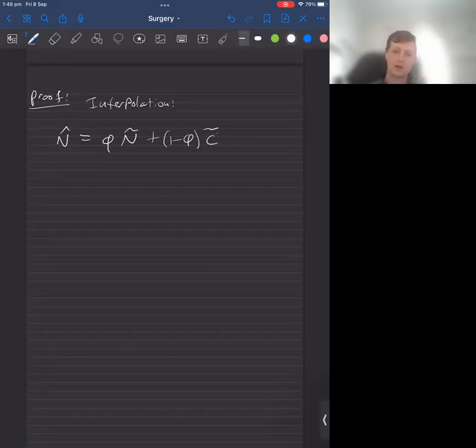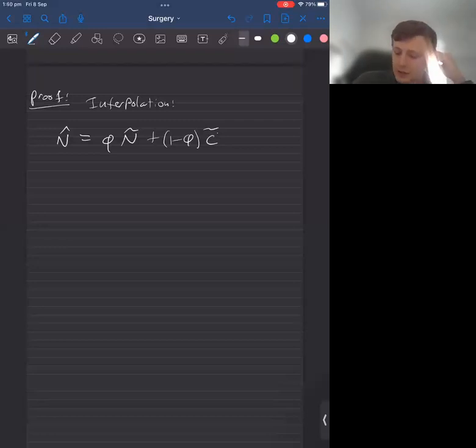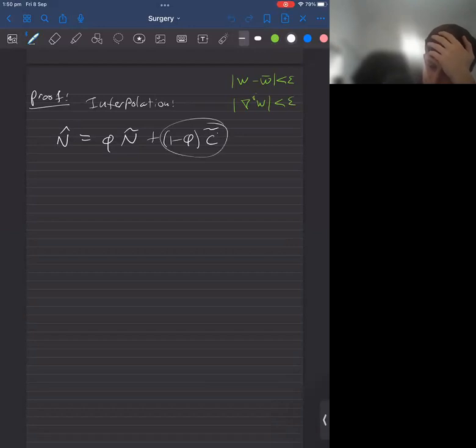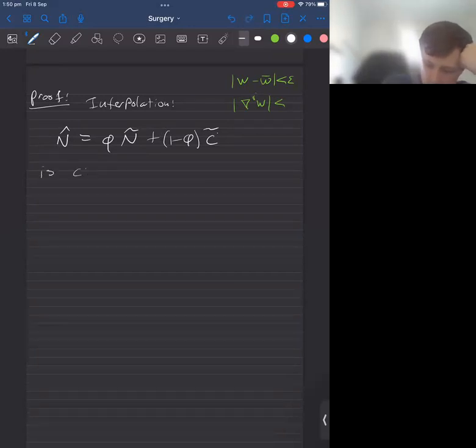So that the norm of the curvature minus the curvature of a cylinder is bounded by epsilon. Okay, so we've got this happening. As long as that's true, then this n tilde is going to be very close to this c tilde, right? So this is already going to be close to n tilde.